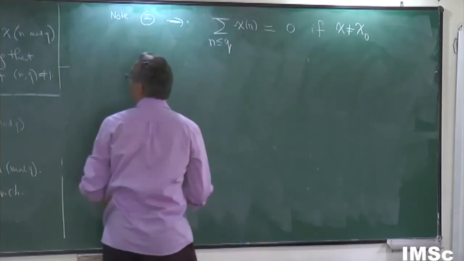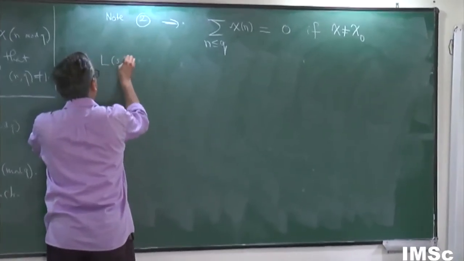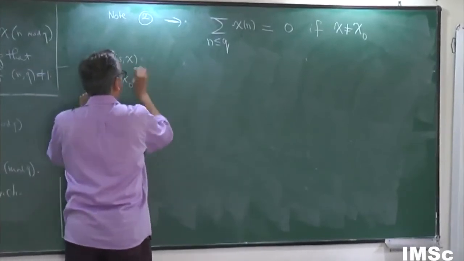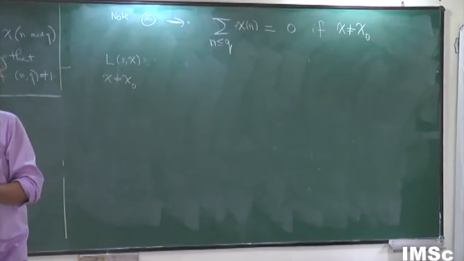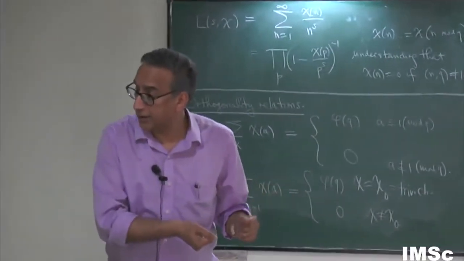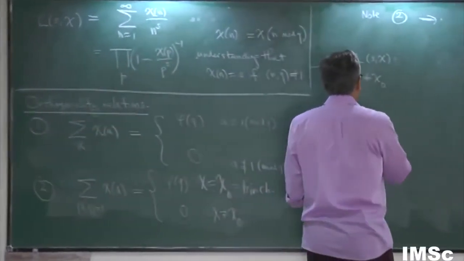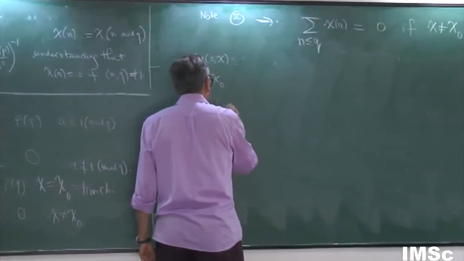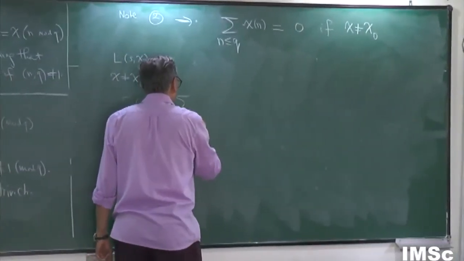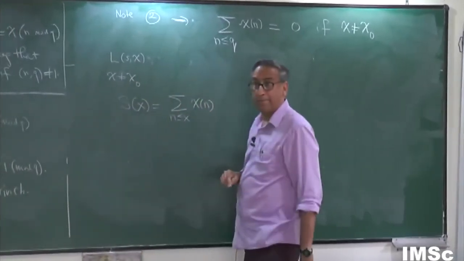Okay, so let's try to analyze the Dirichlet L function, L of s chi, when chi is not equal to chi naught, and use Abel's technique of partial summation to change the Dirichlet series into an integral. So we know how to do that. You put S of x to be summation n less than x, chi of n, the partial sum.